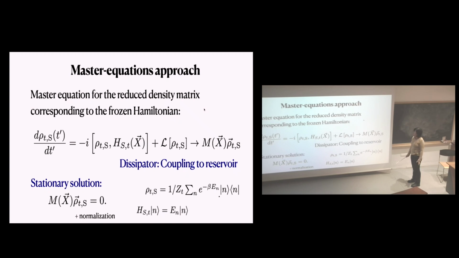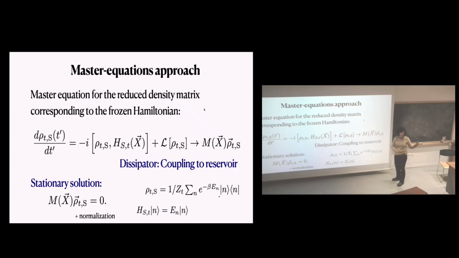In the usual Lindbladian description, which could be formulated, for example, for the case of the frozen Hamiltonian, we calculate the evolution of the reduced density matrix for the system.